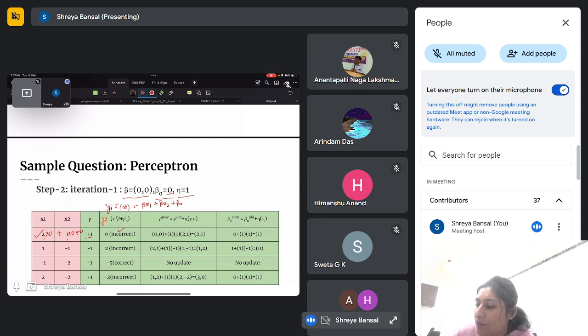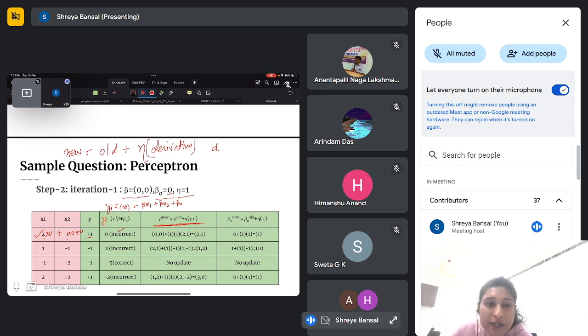So for new beta, we know the formula. This formula is used. It means in gradient descent, whenever you want to find the new values, new is equal to old plus eta and the derivative. This is the general rule.